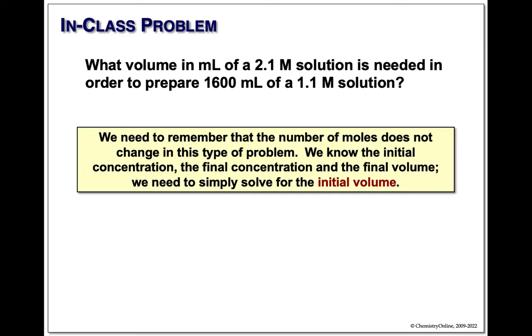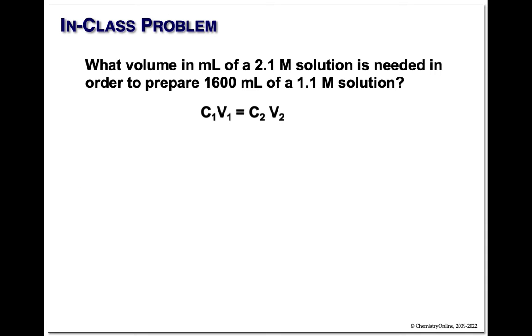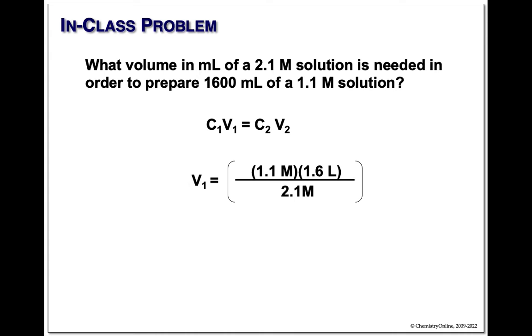V1, C1, V2, C2, and we're solving for V1. V1, this is C1, this is V2, and this is C2.